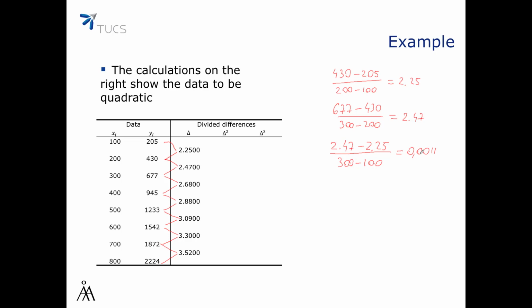We continue with the rest of the calculations, and the table is going to look like this. We then continue calculating the divided differences of the new set of data points, and the table will look like this. Obviously, some of these values may not be quite zero, but just very small. This would be the case for the divided differences between these points.